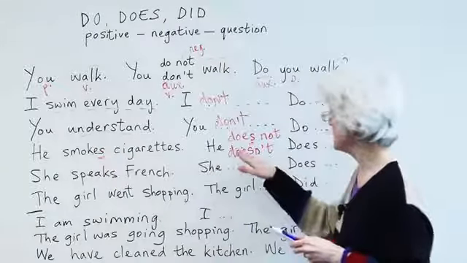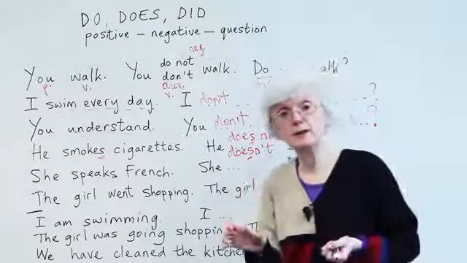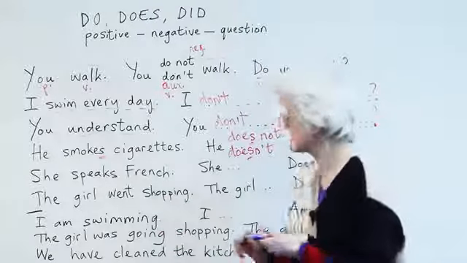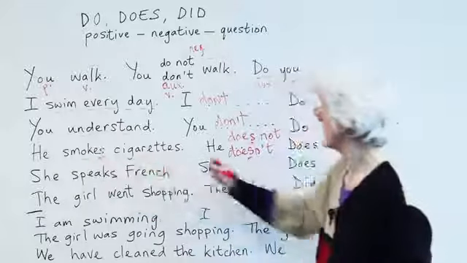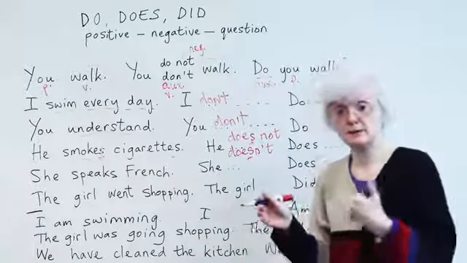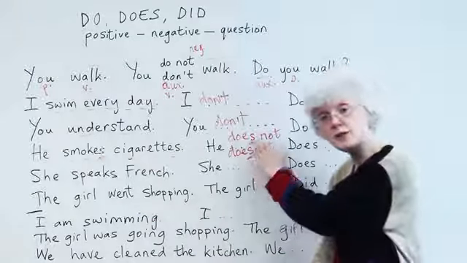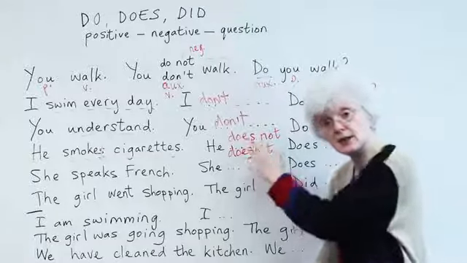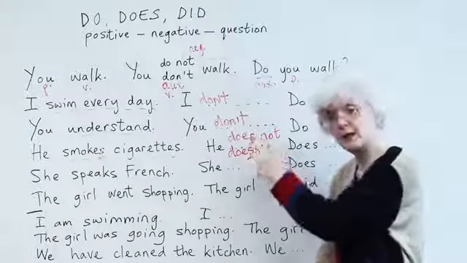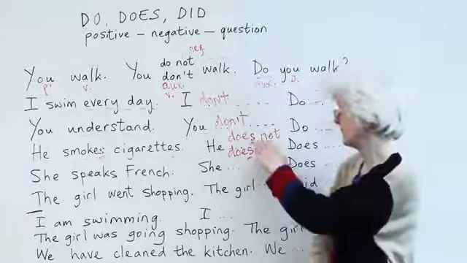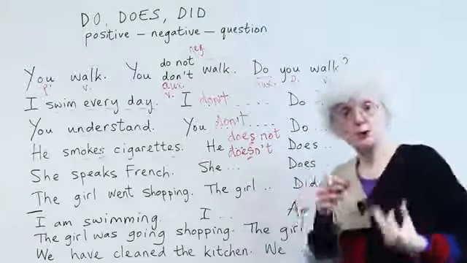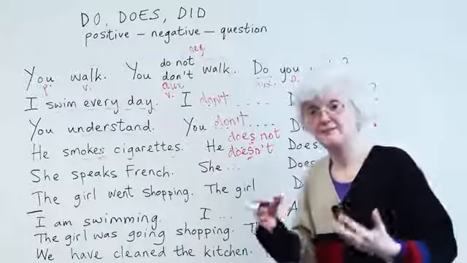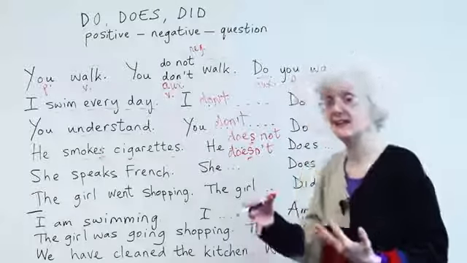So we say he doesn't smoke cigarettes. Okay? He doesn't smoke cigarettes because we've already used the S in the does part of the sentence. That's a bit confusing, but the more you practice it, the more it will get easier.